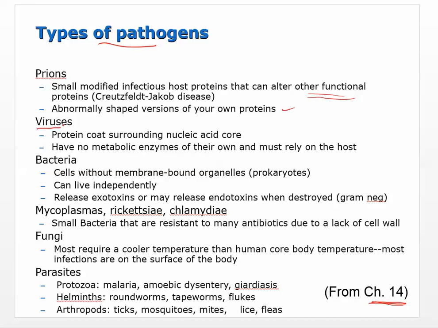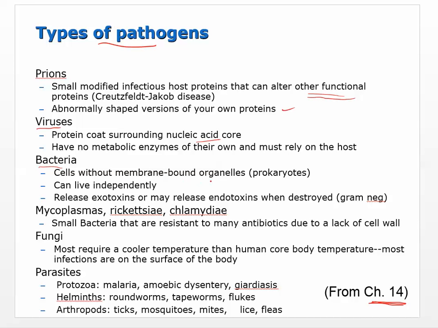Viruses, hopefully we understand viruses: a protein coat surrounding a nucleic acid core. They have to rely on the host. They don't have any metabolic enzymes of their own, so they have to use their host, which means they can't survive for very long outside a host. Bacteria, I'm sure you covered that a lot in micro.